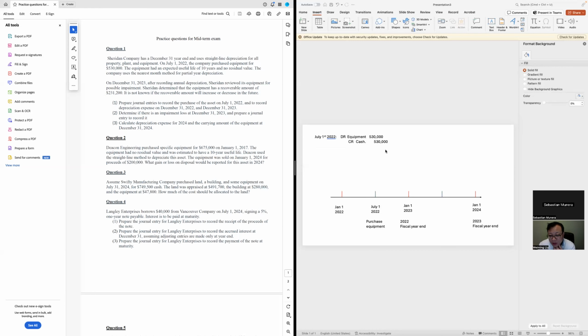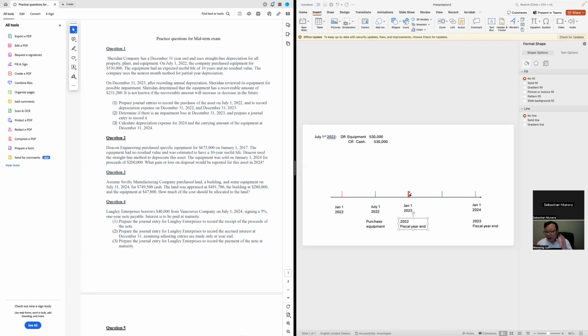Now at the fiscal year end, so this is my first fiscal year end, my 2022 fiscal year end. If you remember, we have to do the adjusting journal entry to recognize the depreciation expenses at the year end.